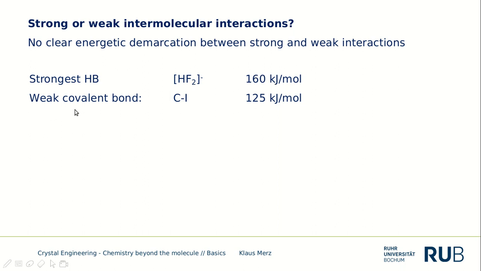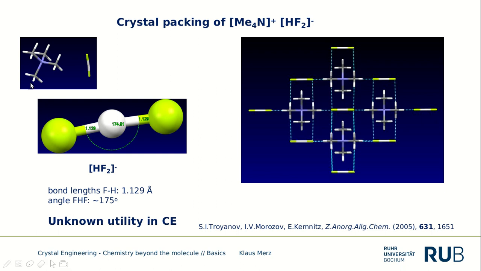And if you compare it with a very, very weak covalent bond, see carbon iodine, only 125. This is the crystal structure of this compound. You see it is nearly linear, and exactly the same bond length, the distance here from the H to F, and from the second H to the second fluorine.